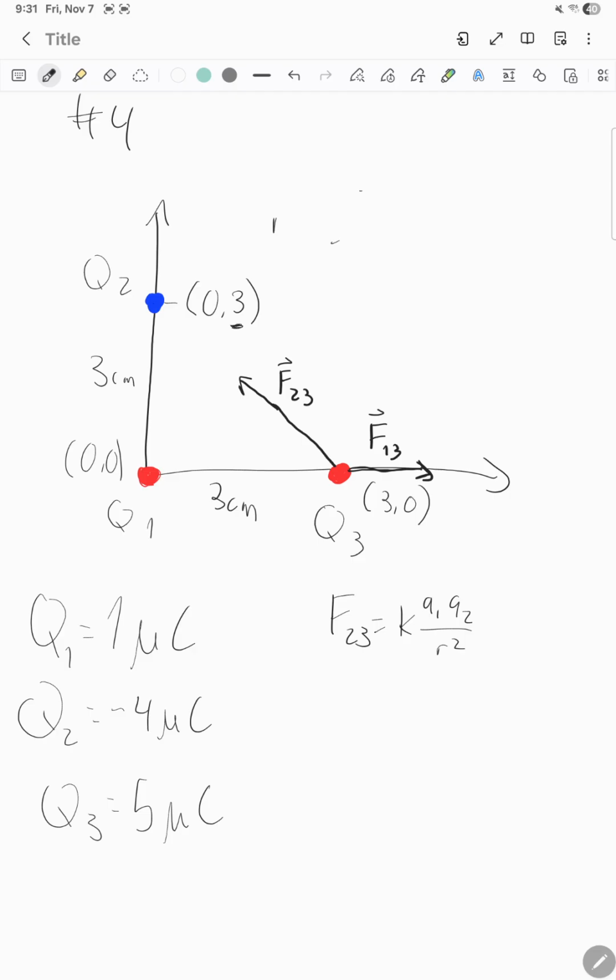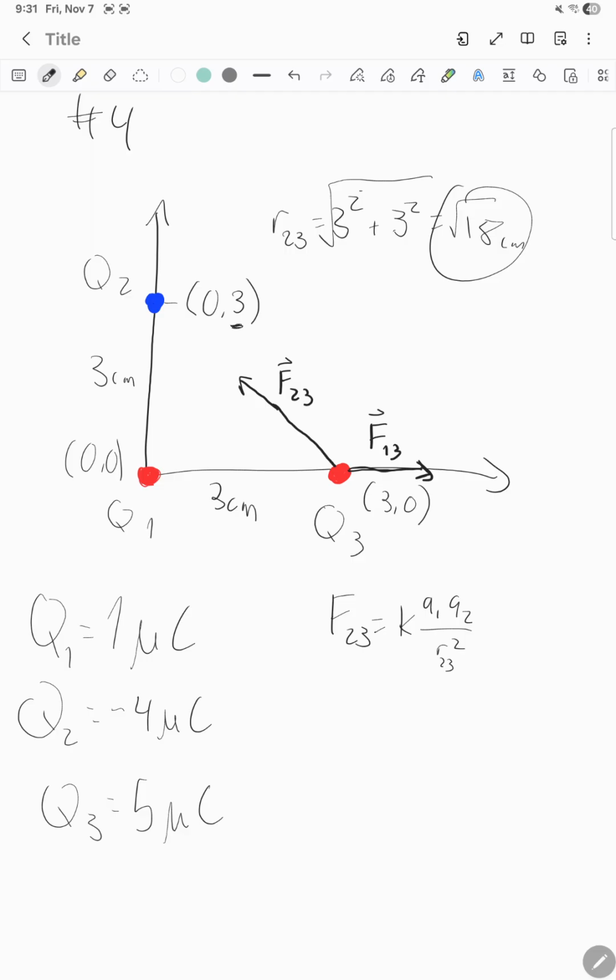So R23 will be equal to the square root of 3 squared plus 3 squared. This is the distance between Q2 and Q3. 9 plus 9 is 18, so this will be the square root of 18. That means here we will have the square root of 18 centimeters.